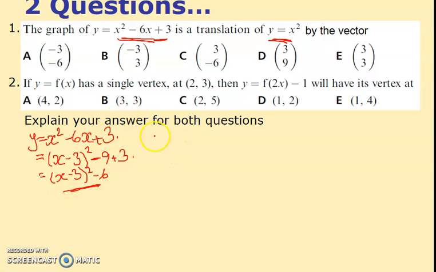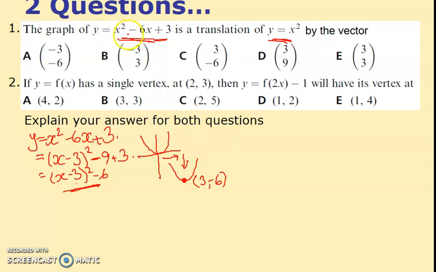Okay then. So that tells me my original graph, which was an x squared graph, is going to go 3 to the right and 6 down. And so it's going to look something like this. And its stationary point will be at 3 comma minus 6.